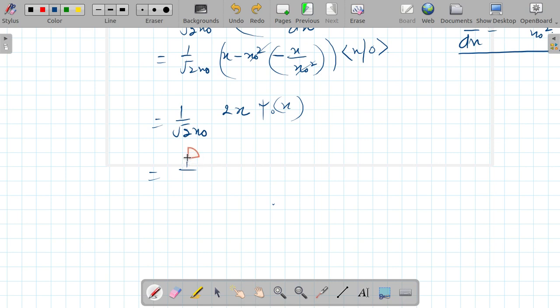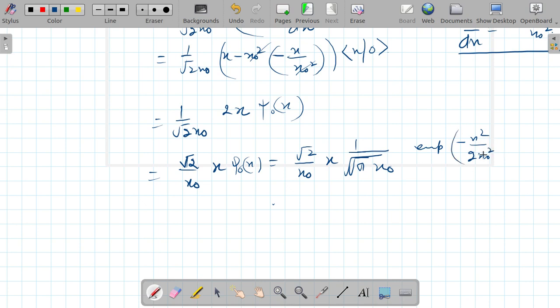So overall this can be written as root 2 x naught into x into psi naught(x), which is equal to root 2 x naught times x times 1 over root pi x naught under the root, exponential of minus x square over 2 x naught square.